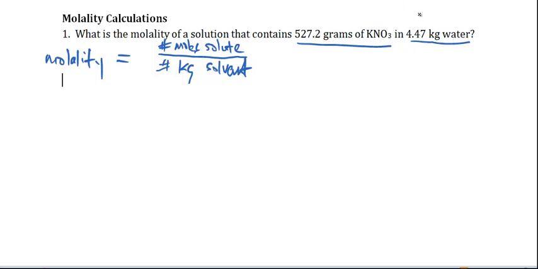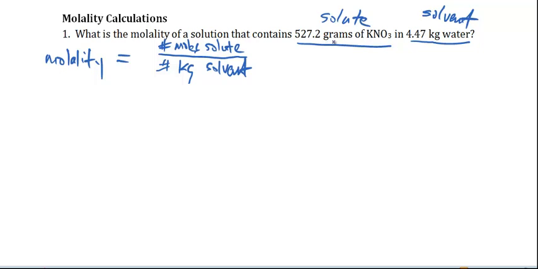So the water is the solvent in this case, and the potassium nitrate is the solute. Looking back at the definition of molality, unfortunately the problem didn't provide us with the number of moles of solute right off the bat. We are going to have to calculate that ourselves.